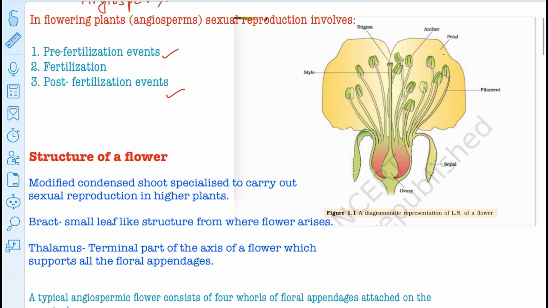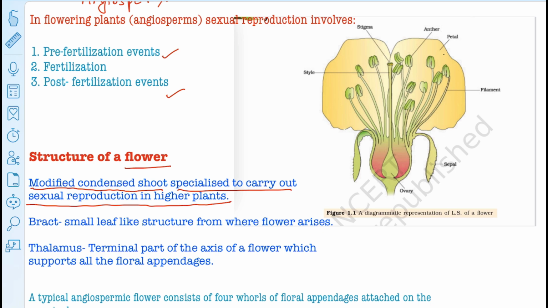Now, let's first discuss the structure of a flower. What is a flower? If we have to define a flower, we will say a flower is a modified condensed shoot specialized to carry out sexual reproduction in higher plants. It means only the flower has this capability.